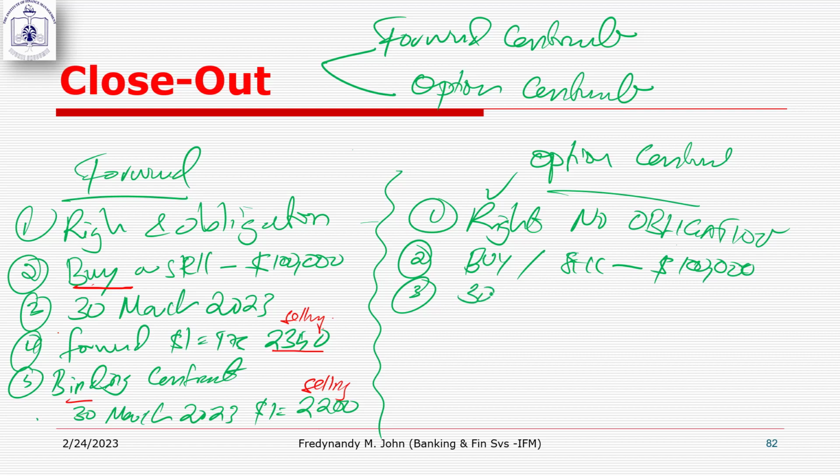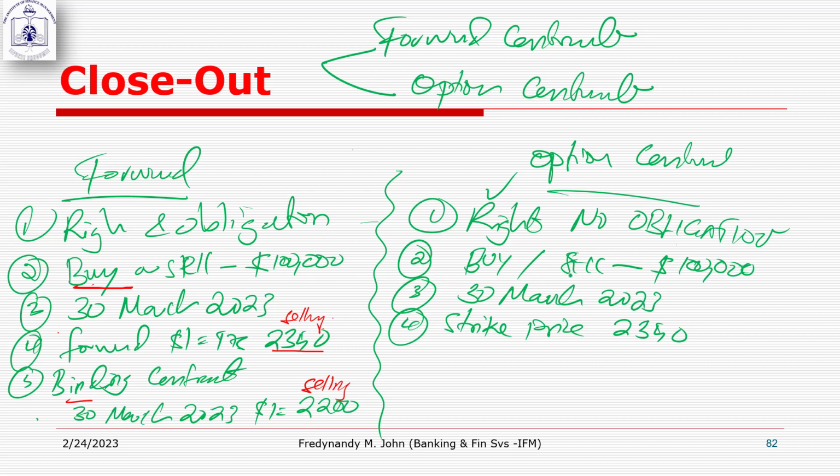Maturity is the same, 30th of March 2023, at an agreed price, which is called exercise price or strike price. And the strike price or exercise price here is the same, let's say 23.50. So this is not a binding contract. This is the difference between the option contract and the forward contract.